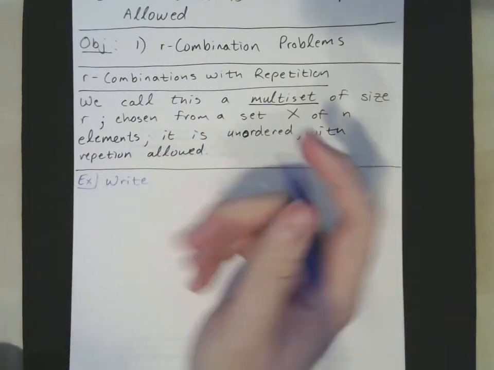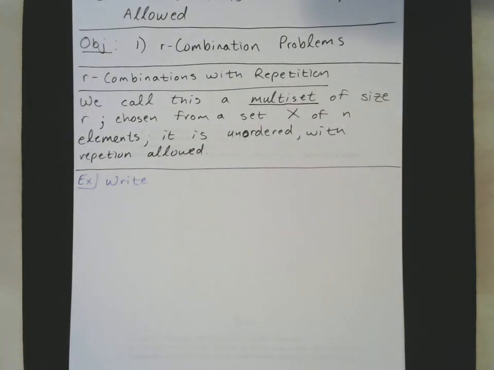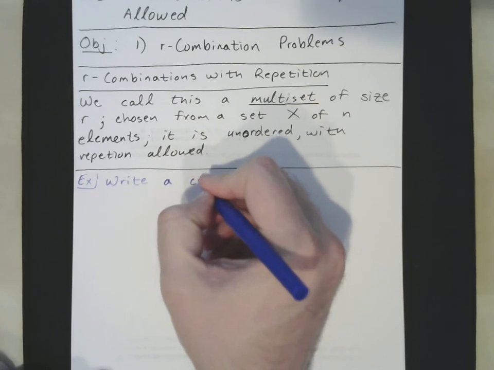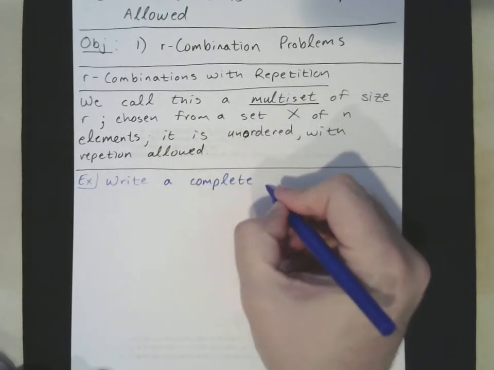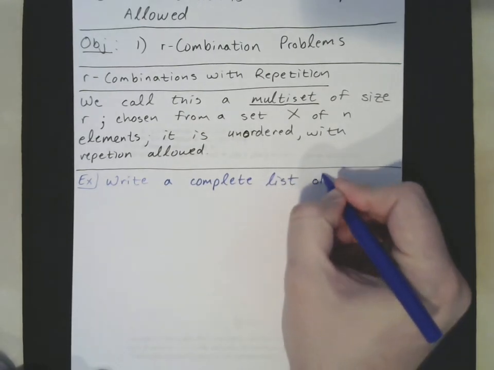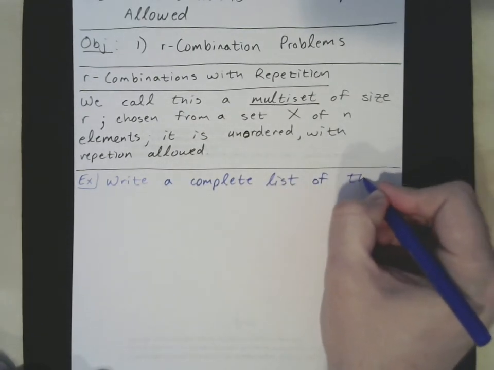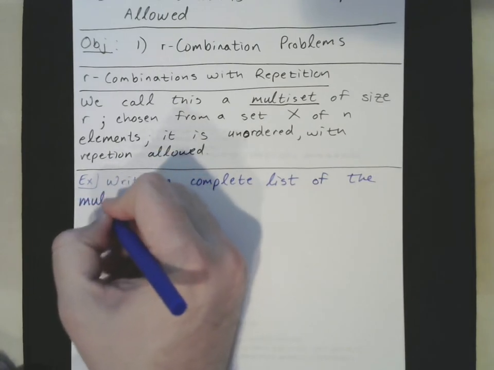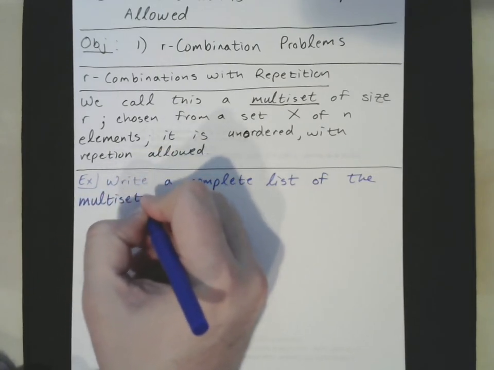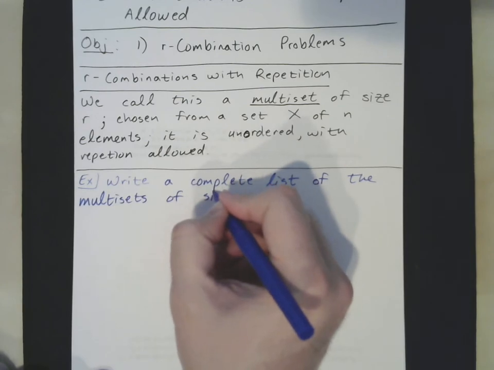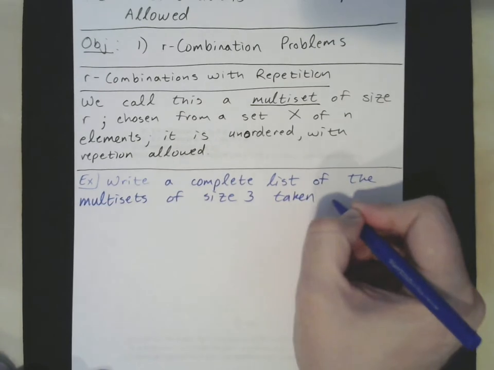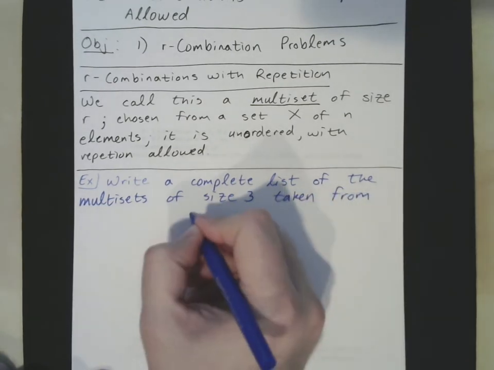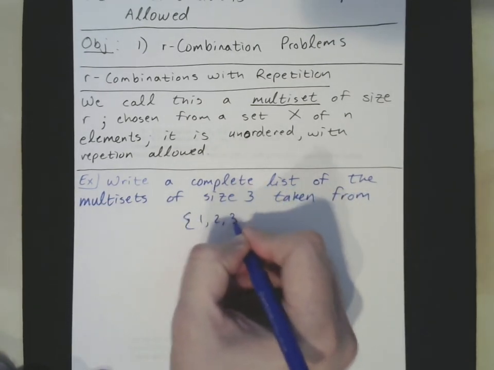We're going to write a complete list of the multisets of size 3 taken from the set 1, 2, 3, 4.